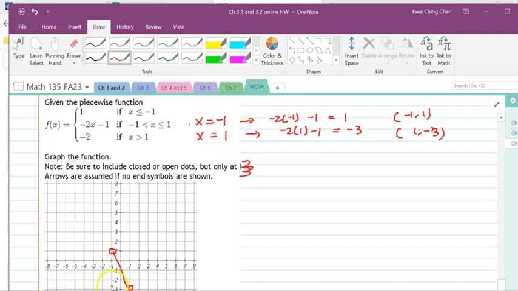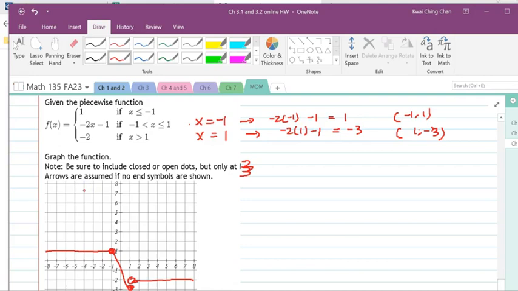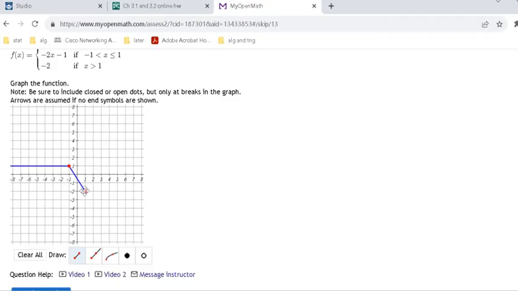Then for the other two, they should be solid because x is less than negative 1. Oh, it's actually the same place. And then when it's greater than 1, at 1 it was negative 2. This is solid here, and then this is open all the way, or the y value is negative 2. So we will have a point here. 1, negative 2, I think. Is it 1, negative 3? Oh, 1, negative 3.